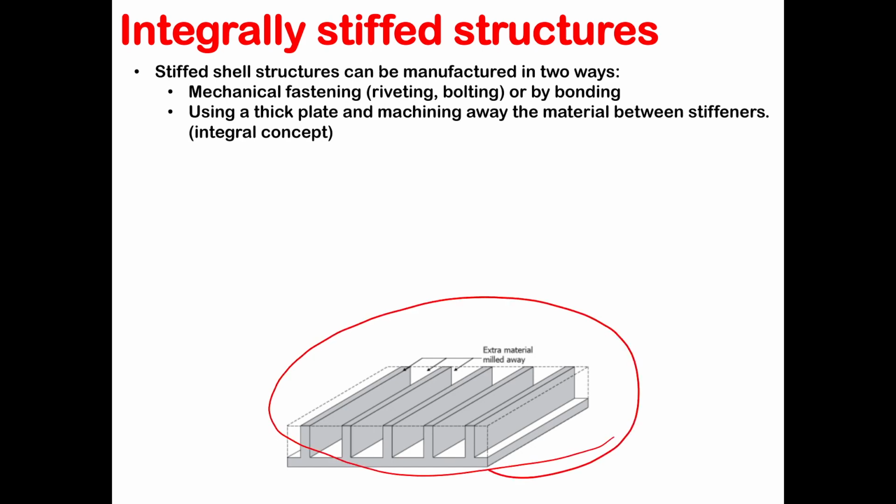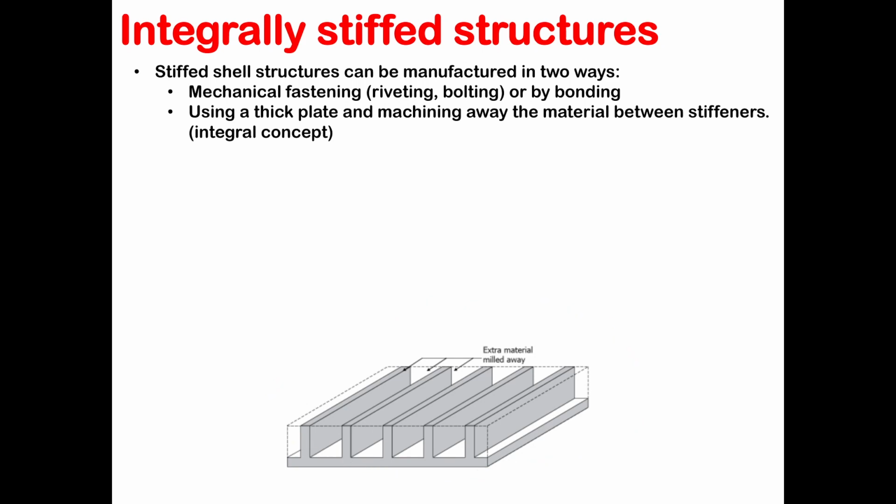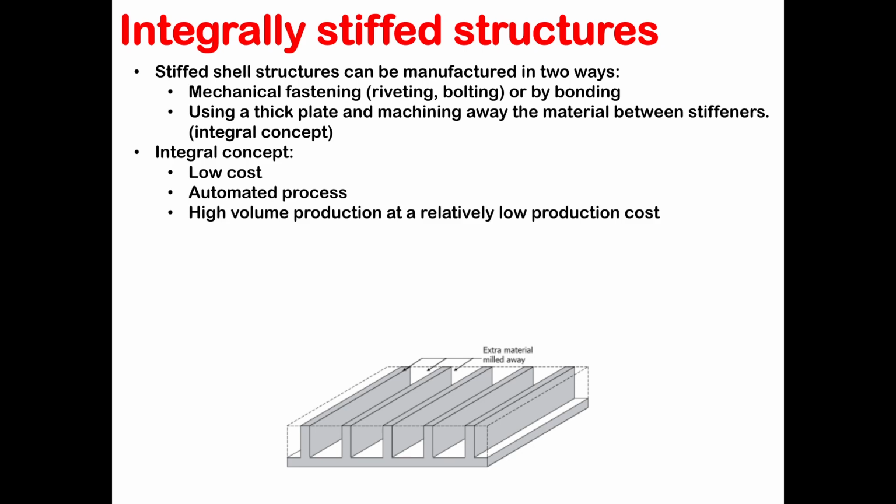And you can see an example of it right here, right? That is an integrally stiffened structure. So the integral concept has a very low cost. It has an automated process. You can have high volume production at a relatively low production cost, and you will need a low amount of parts.